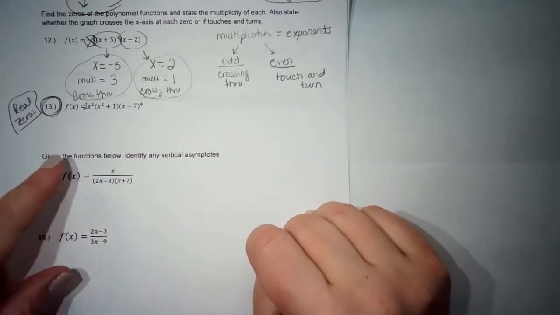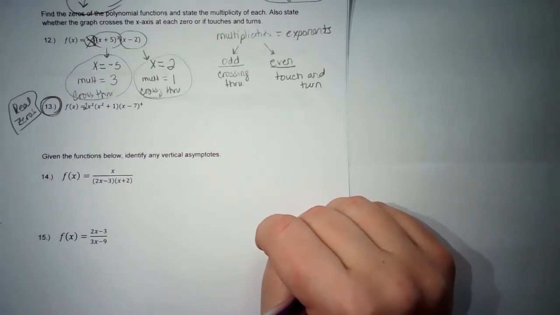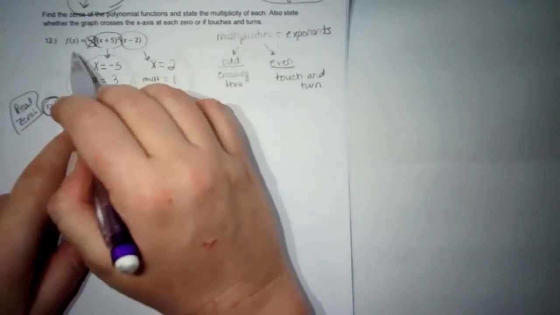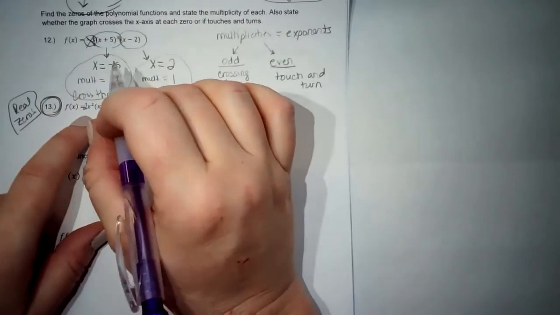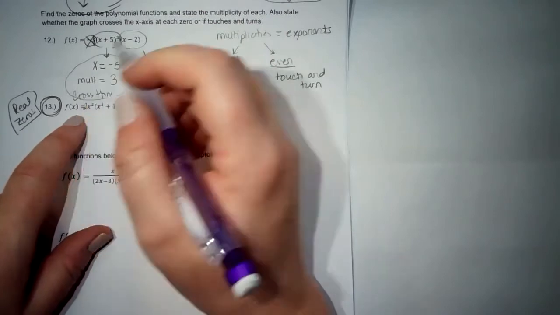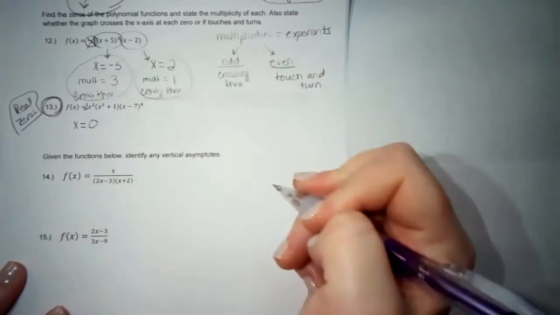All right, here we go. First of all, we need our zeros. So we're going to go through and set each item equal to 0 and solve. I have 2x squared here. Up here, we just crossed through the -3 because it didn't matter. You can cross through the 2 here if you want to. And then all you're left with is x equals 0.